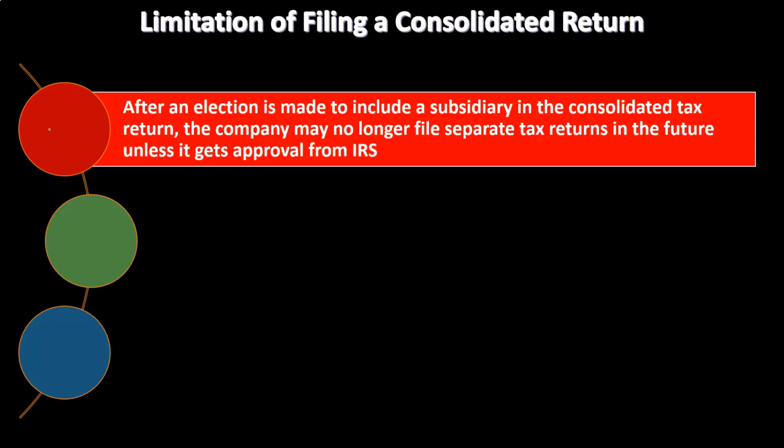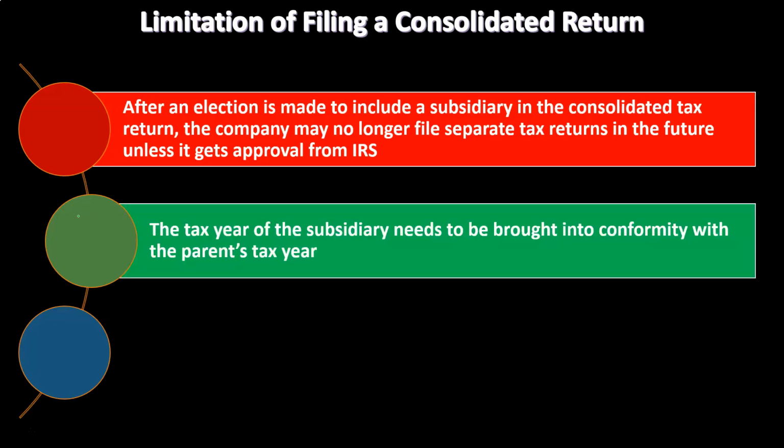But you can't really do that because once you make the jump to the consolidated return, you're locked into that unless you get approval from the IRS, which means you would need a reason because the IRS wants consistency typically. So once you make that move, if you want to unmake it, you have to convince the IRS and get approval to do so. And typically you would think you would need a reason to make the change back.